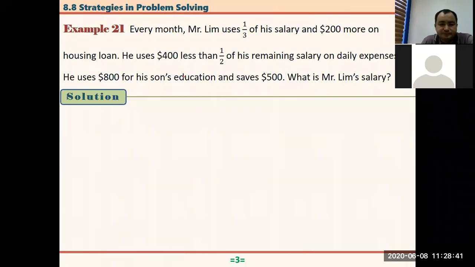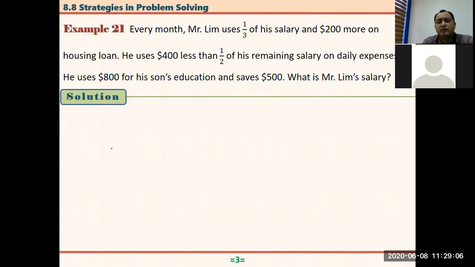So here, example 21. It says that every month, Mr. Lim uses 1/3 of his salary and $200 more on housing loan. When we are solving word problems, the first time you look at the problem, we need to scan it, read it quickly. You don't have to understand every word, right? The second time we read it, maybe you can highlight some words or underline them.